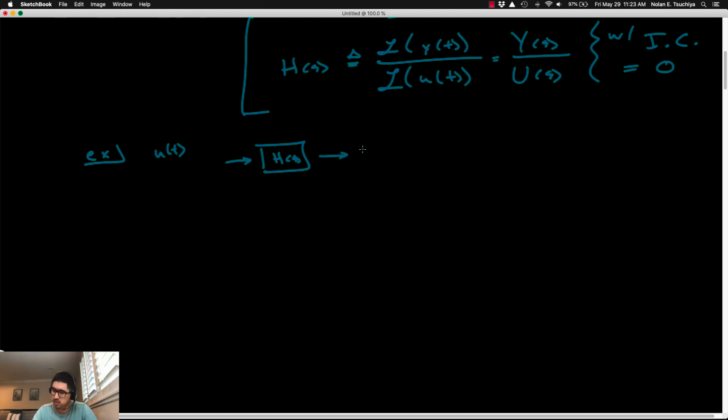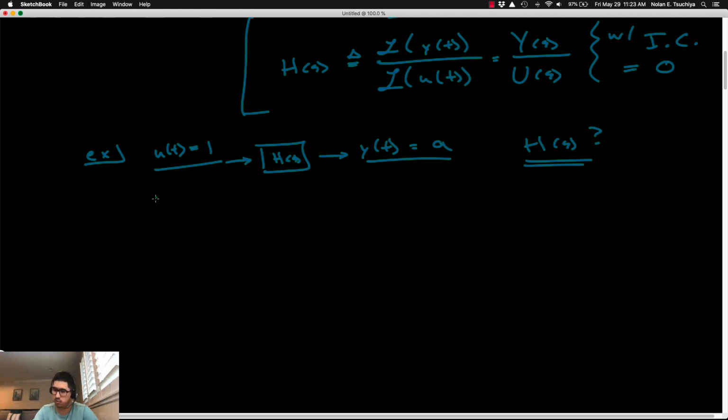So u of t, y of t. Let's say u of t is equal to a constant value 1. Y of t is equal to some different constant value a. Okay. In order to figure out the transfer function h of s, which is our goal here, we would need to take the Laplace transform of this and divide it by the Laplace transform of that.